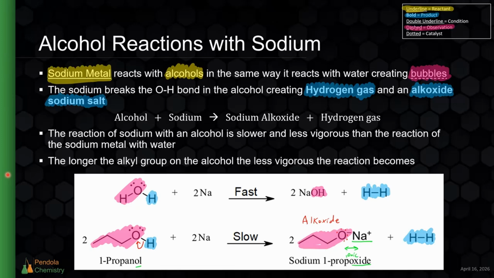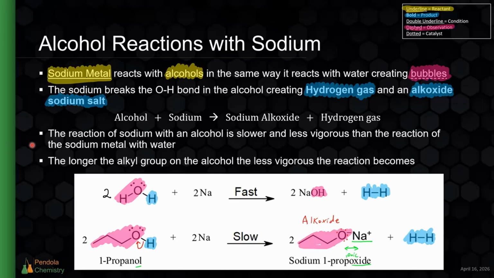So let's talk about the reactions that we have here. The water compared to the alcohol, and I should say that this is a misprint here. They should have a 2 here in front of the water. So when we react the water with the sodium versus an alcohol with the sodium, the reaction between sodium and the alcohol in the bottom here is going to be slower and less vigorous than the reaction of the sodium with the water.